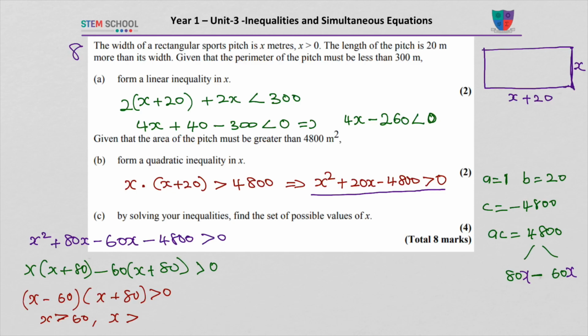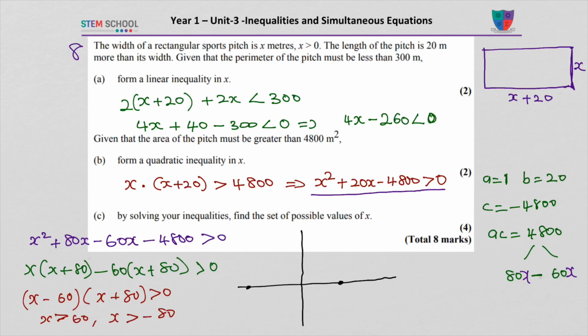So if I quickly sketch that curve, just a quick sketch, I get minus 80 here and 60 there, and my intercept is minus 4,800 somewhere there.